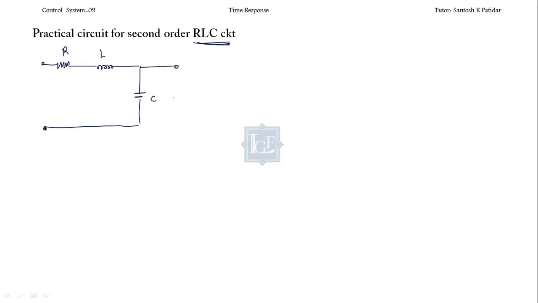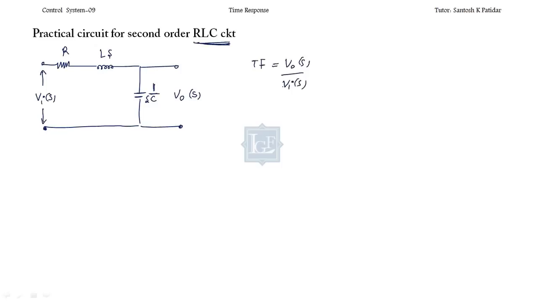Across the capacitor I'll take the output V0, as I'm taking in the frequency domain. So I'll write it 1 by SC and I'll take this LS. Here I'll apply the input. Now the transfer function for this circuit is V0(S) divided by Vi(S).